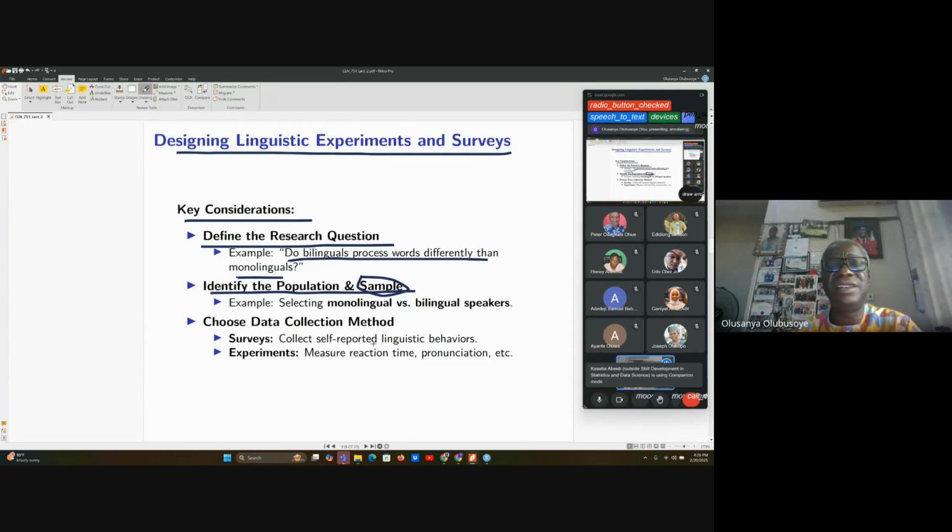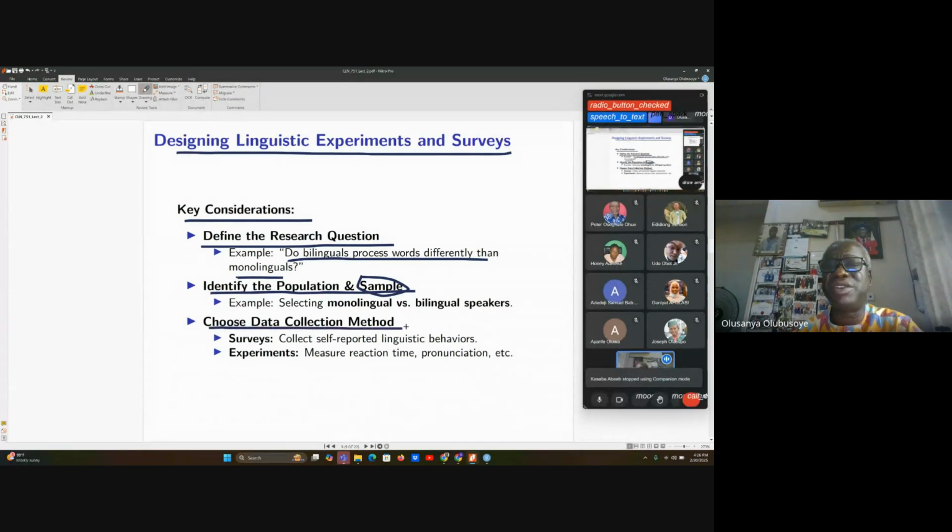Then the next thing, having identified the population, is to decide what method you are going to use to collect your sample. Are you going to use a survey? Are you going to perform experiments? If you are going to use a survey, then you will need to collect self-reported linguistic behavior.